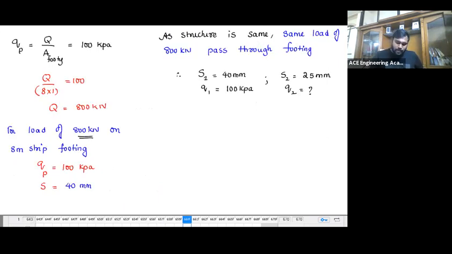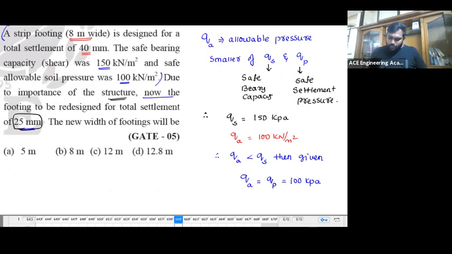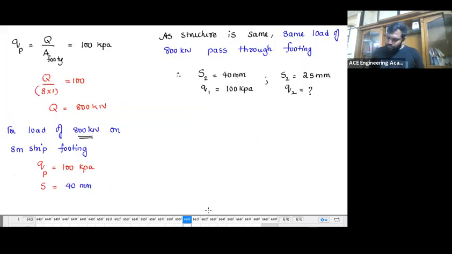Now can you please tell me here? Yes, settlement is directly proportional to Q. So Q2 by Q1 100 is equal to S2 25 by 40. So from here, what is Q2?